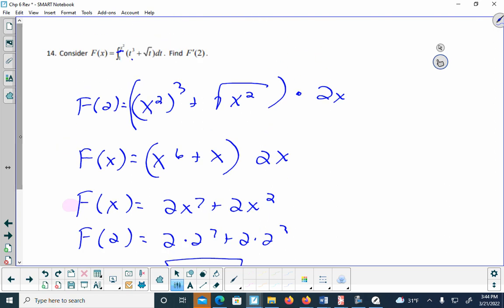Remember that one, if you see how the capital F is still capital F, so all they have to do is substitute that x squared and replace the t with x squared, and then multiply by the derivative of the x squared.